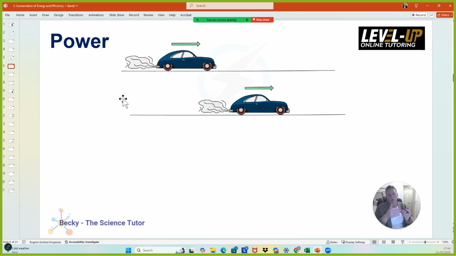We're doing work because we're powering that car along. So we can calculate how quickly that energy is transferred, so how quickly that work is done, and that is called power.